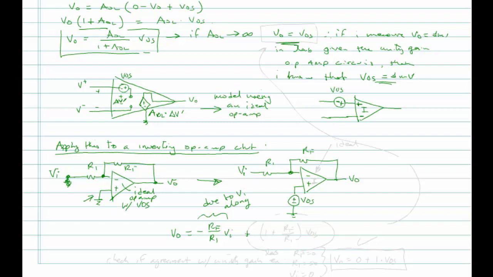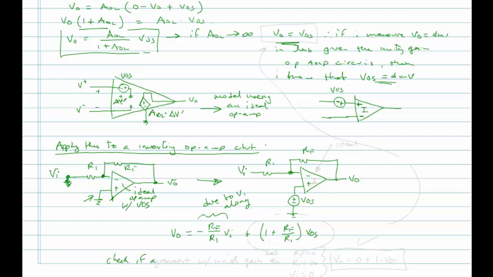When I turn off VI, R1 gets grounded, and we now have a non-inverting configuration. The gain for a non-inverting configuration is 1 plus RF over R1, and that's going to be times VOS.